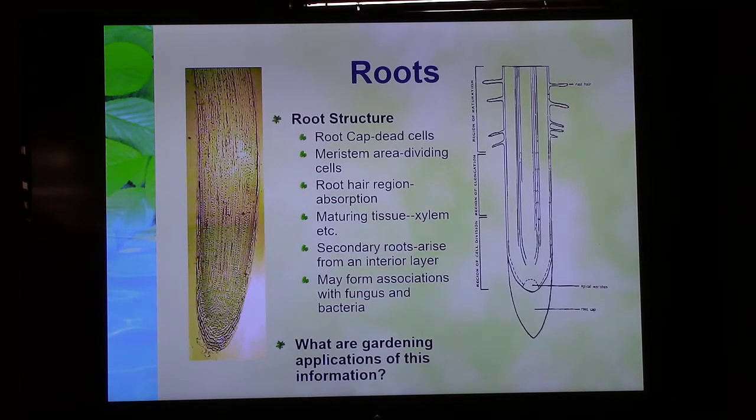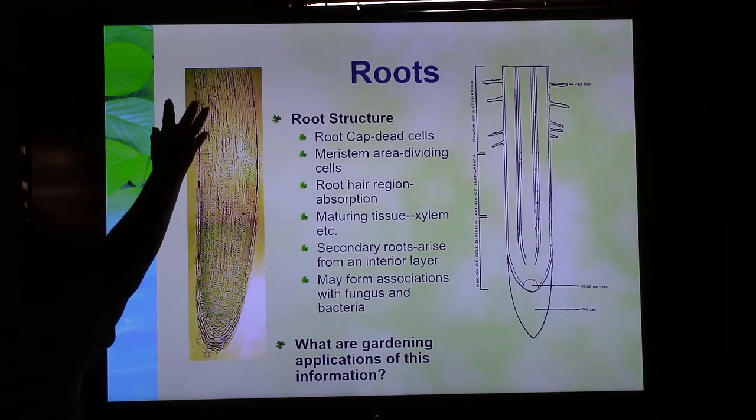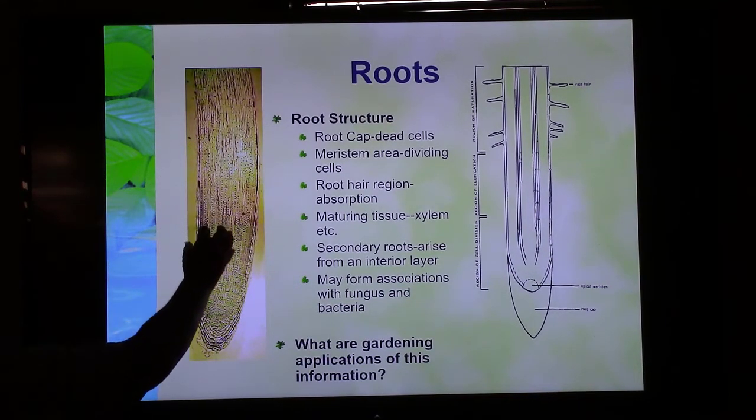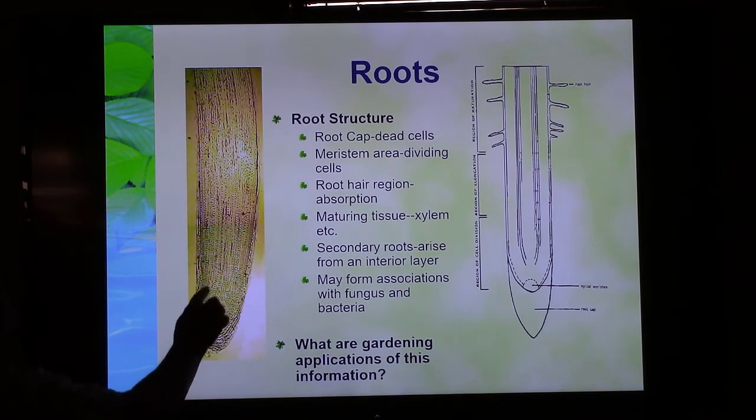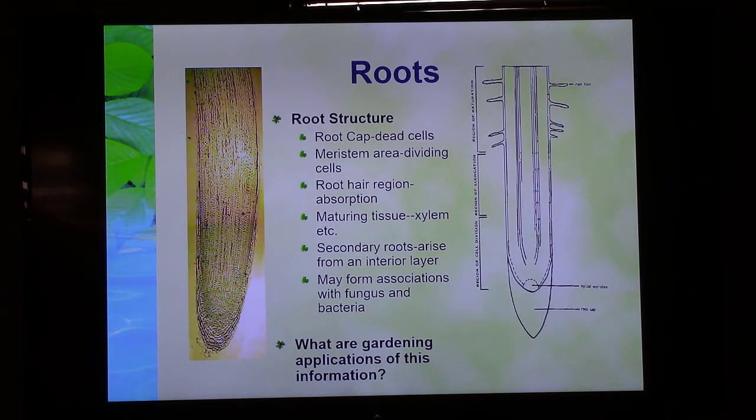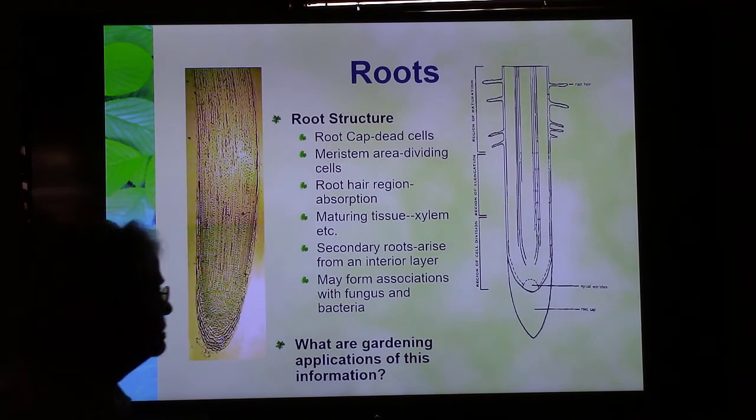You would see columns of cells. Down at the near tip down here, something different is going on. And every so often, there's a little extension out the side. The diagram makes it a little easier to see what's going on.